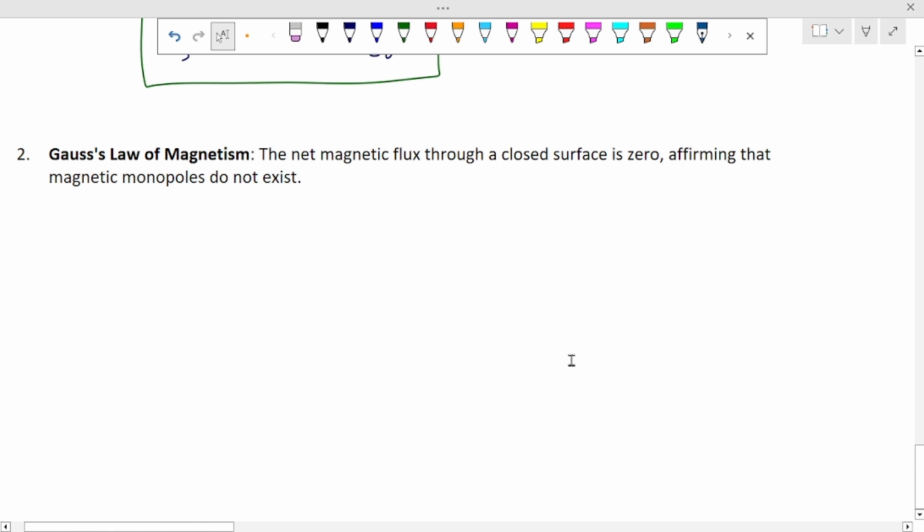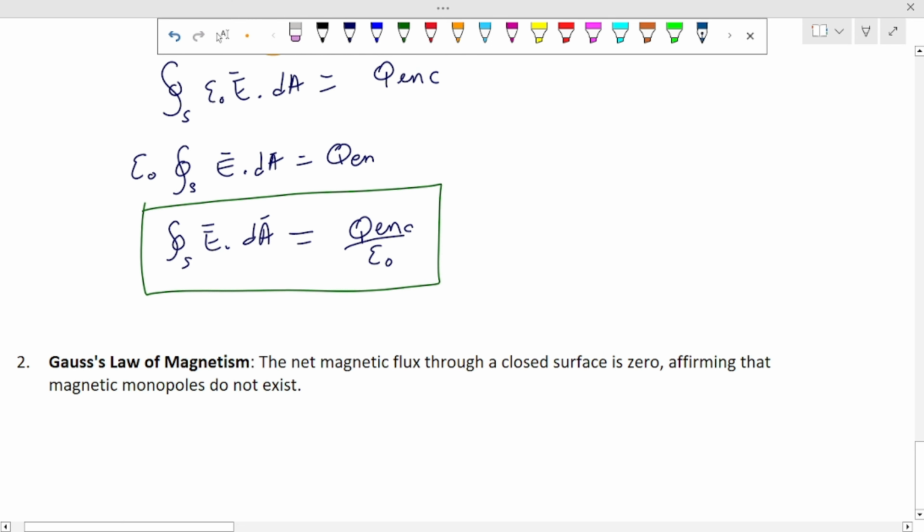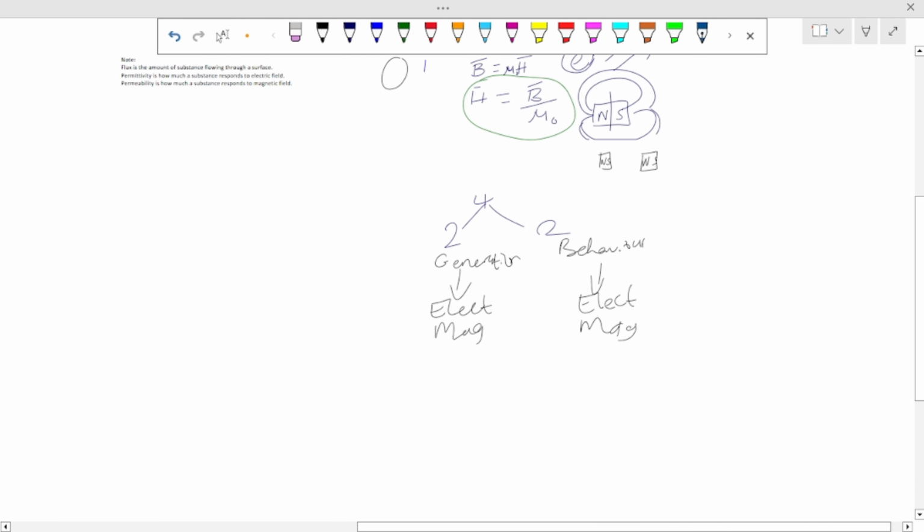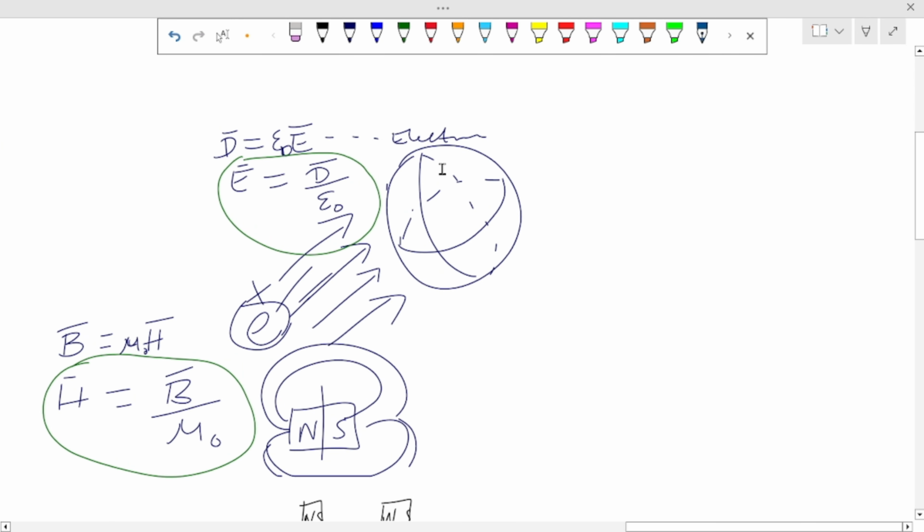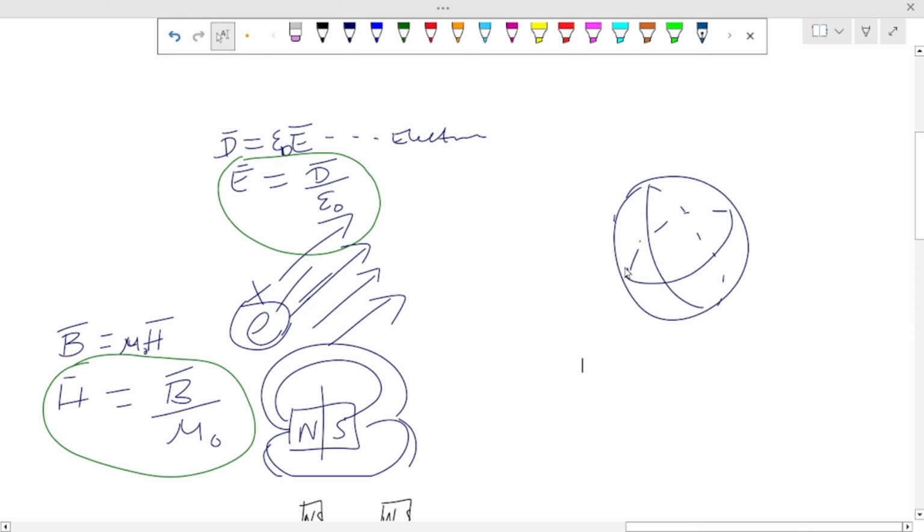From the example where we drew this closed surface, the magnetic flux going in and the magnetic flux going out are the same. In is positive, out is negative. Since in and out are the same, they cancel out, giving you zero.